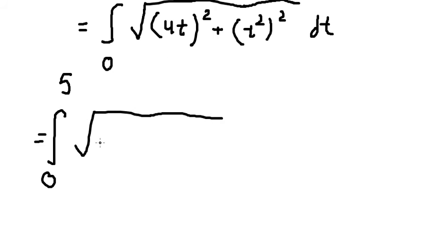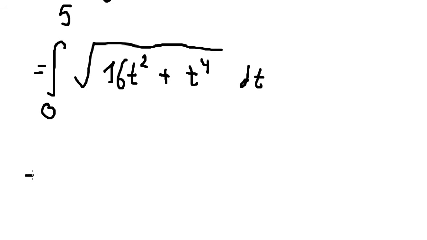This one we have 16t squared. This one we have t to the power of 4. Next, t squared and t to the power of 4, we can do factorization.